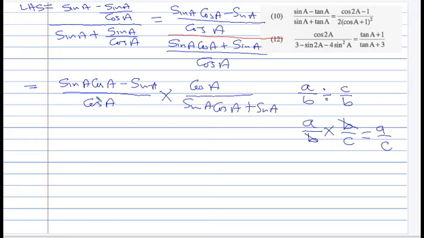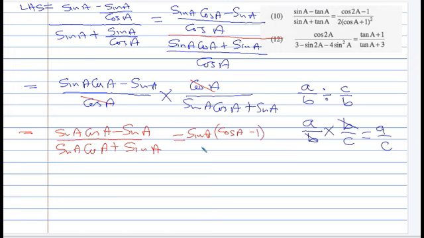Then from there we have this cancels with that, so we are left with sin A cos A minus sin A, that is the numerator, and then the denominator there is the one that has a plus. It's sin A cos A plus sin A. And then from there we have a common factor on the numerator, that is sin A bracket cos A minus 1, and on the denominator we also have a common factor there.